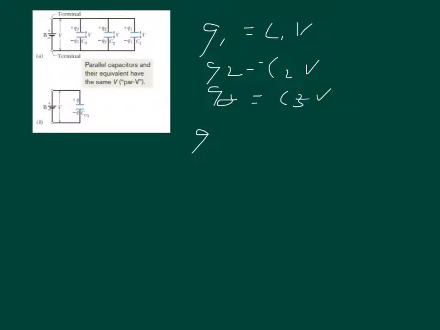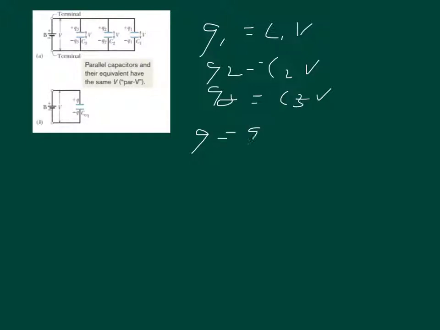Alright, let's do some math. Q1 equals C1 V, Q2 equals C2 V, Q3 equals C3 V. Why do I have the same V? Well, it's because they all have the same potential difference. And the total electrical charge is the same.